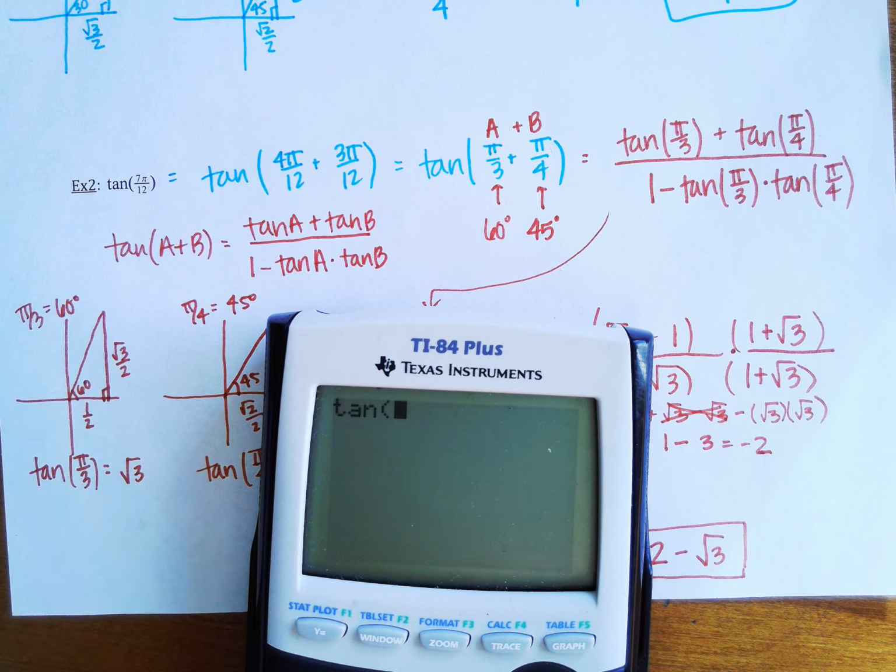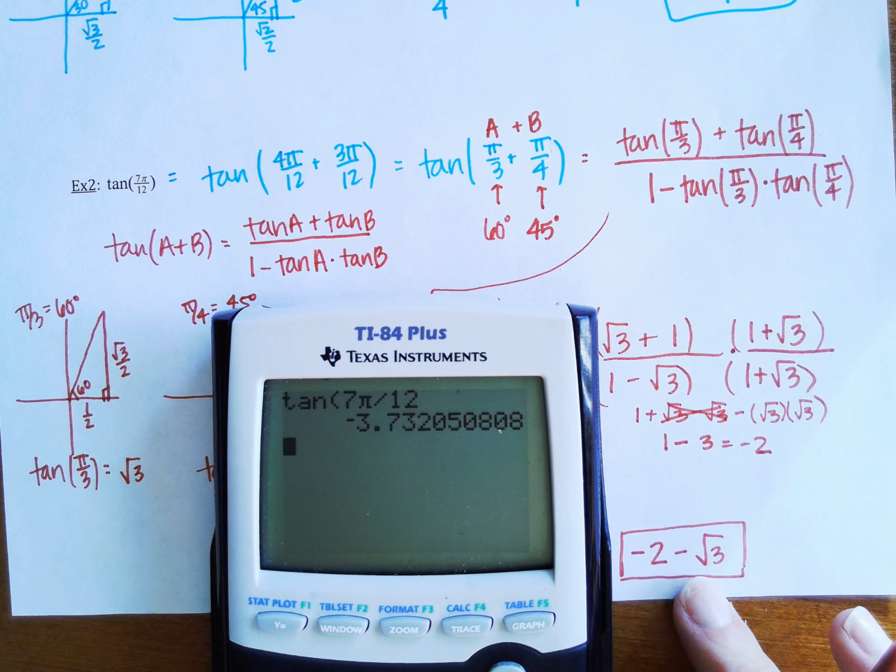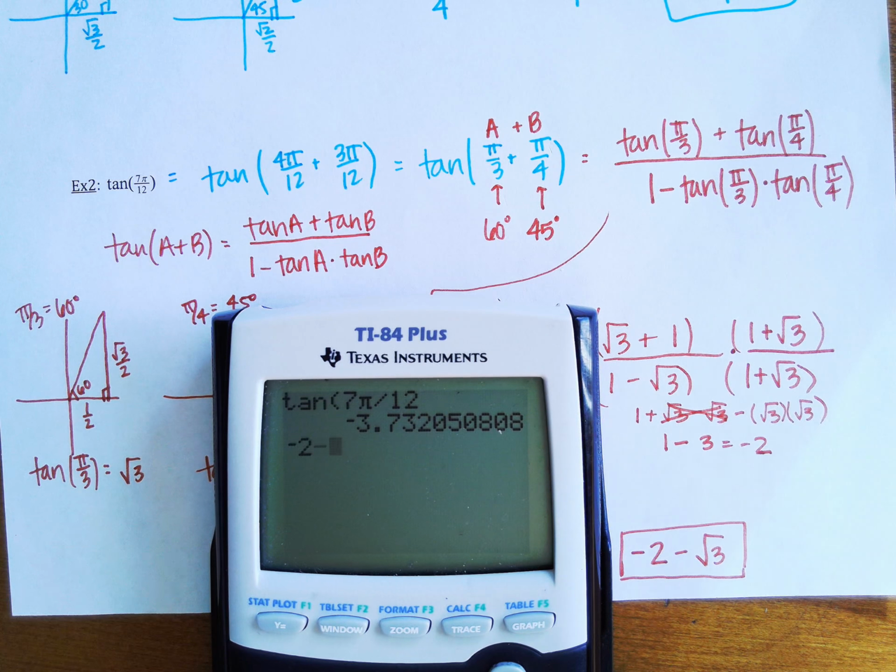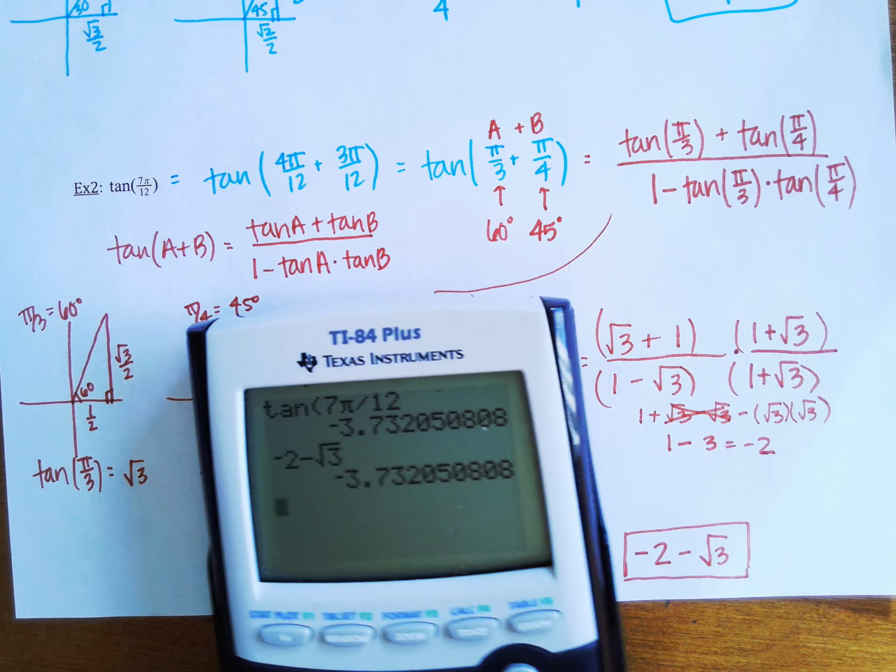I'm going to evaluate tangent of 7 pi divided by 12, and I get negative 3 point whatever. And I'm also going to approximate this exact answer in my calculator. And there we go, we get the same answer. So we know we did something right. We know we found the actual exact answer at the end. So it's kind of nice that you can go back and check.